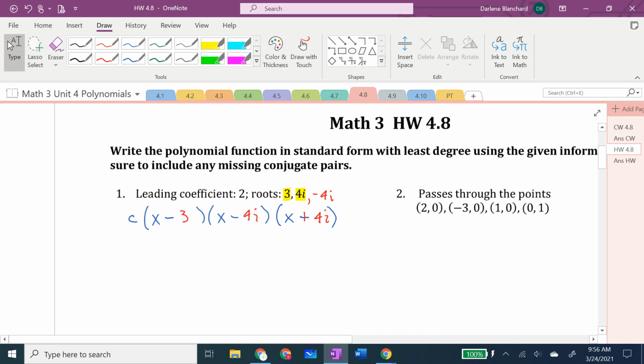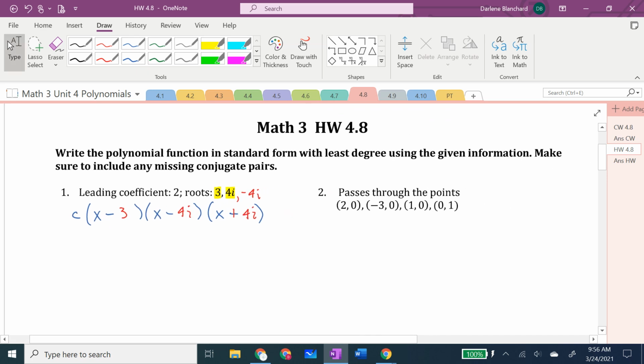And then let me express the directions here as well. You are trying to create a polynomial function in standard form, least degree, using the given information. And then make sure to include any missing conjugate pairs, so that's the negative 4i.